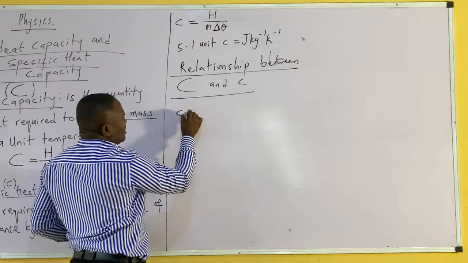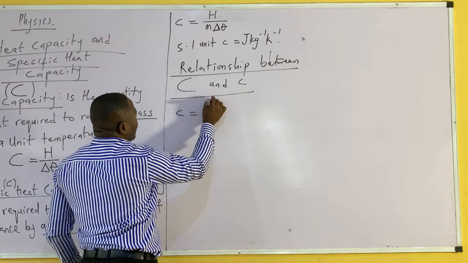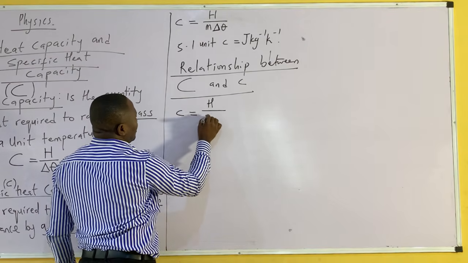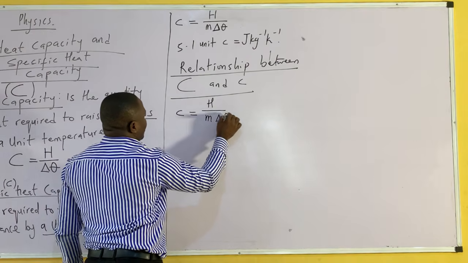Now remember, small letter c is equal to H over m change in temperature.